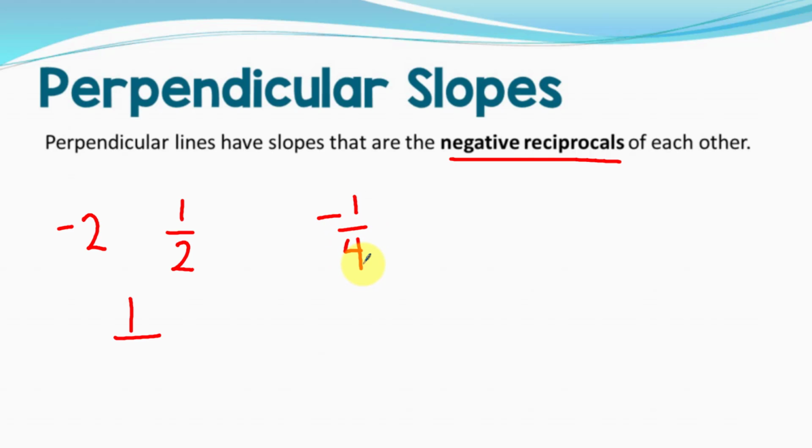All right, well, it needs to be positive and you would flip it, so 4 would be a perpendicular slope. How about 2/3? All right, the perpendicular slope would have to be negative and flip 2/3 into 3/2. Those would be perpendicular. One interesting case is 1 and negative 1.